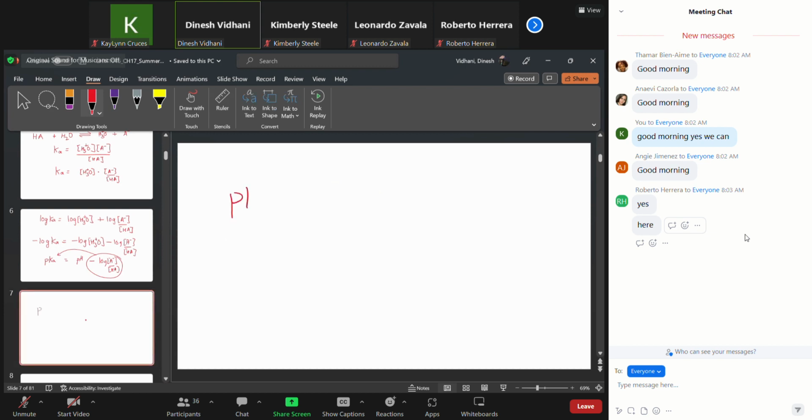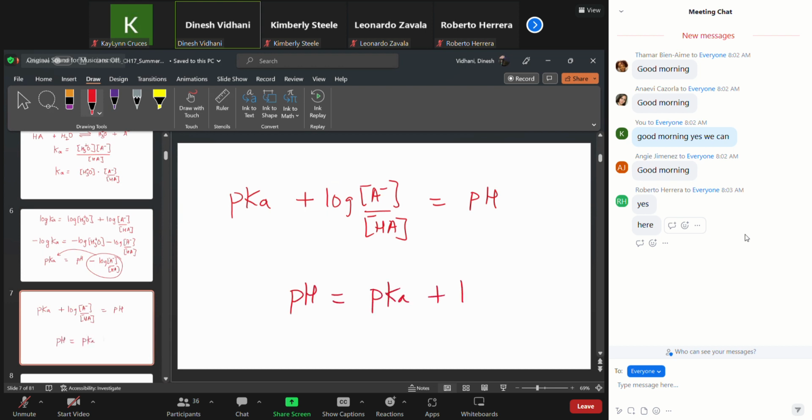So pKa plus log of A minus divided by HA equals pH. In other words, to make this equation look simple, I will write pH equals pKa plus log A minus divided by HA.